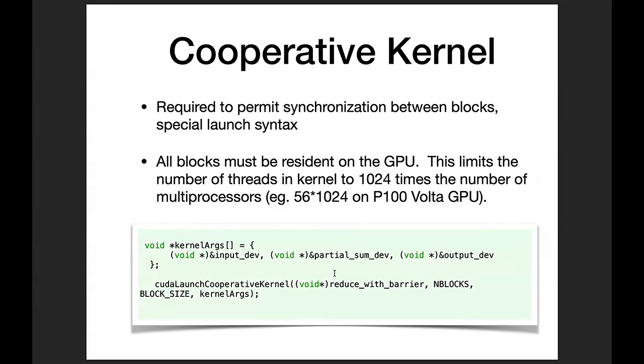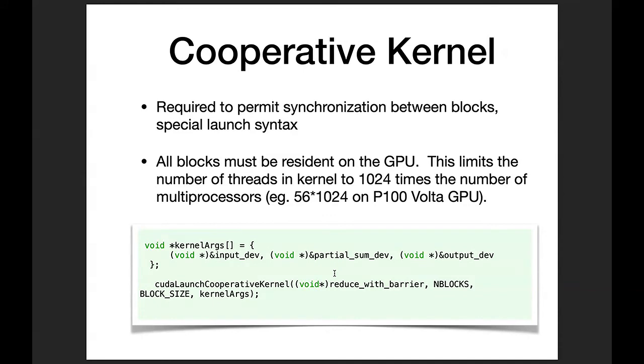It is actually a complex calculation, and there's even a spreadsheet called the occupancy calculator where you can compute these numbers. But in a nutshell, if you want to simplify it, if your blocks are 1024 threads, then 1024 threads is the limit on how many threads can be resident on the multiprocessor of a GPU at the same time.